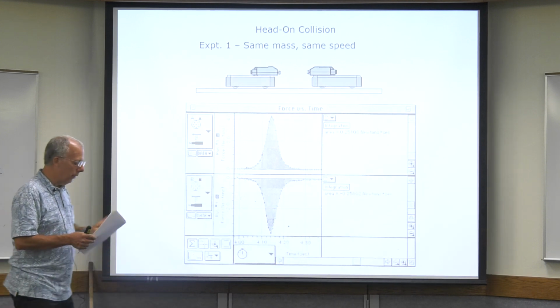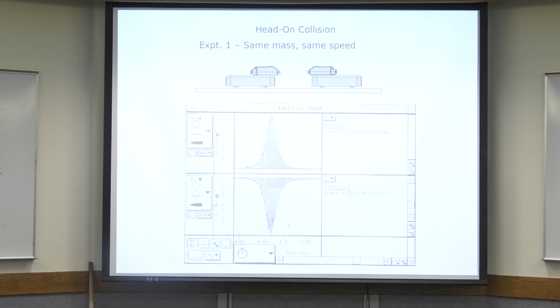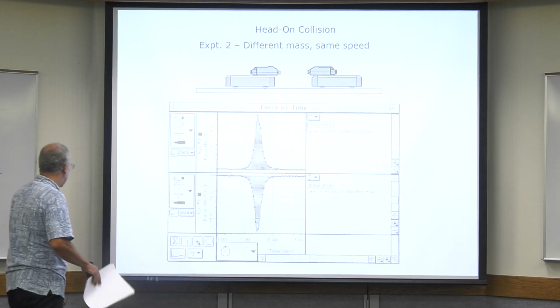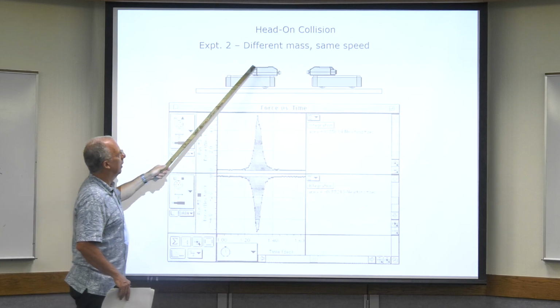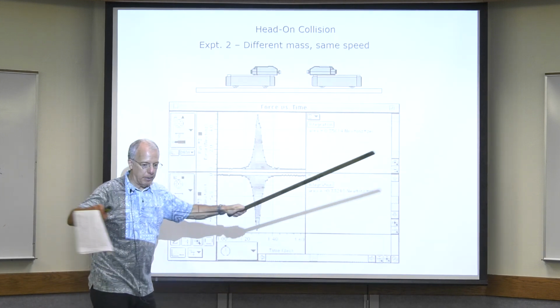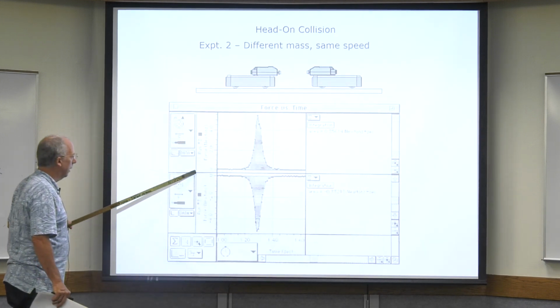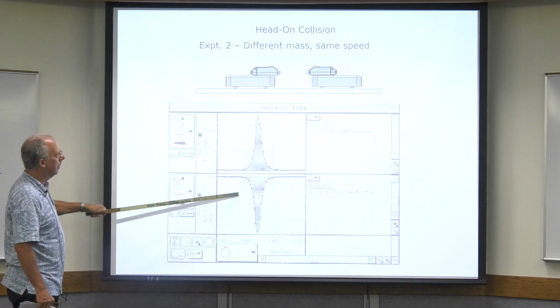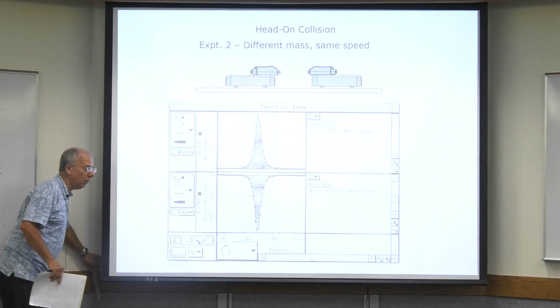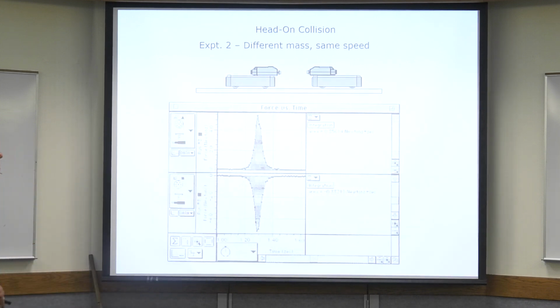So now we put more mass on this one. We have different masses, but the same speed. Look at the data: same magnitude, opposite direction. That's pretty cool. That's what Newton's law says.